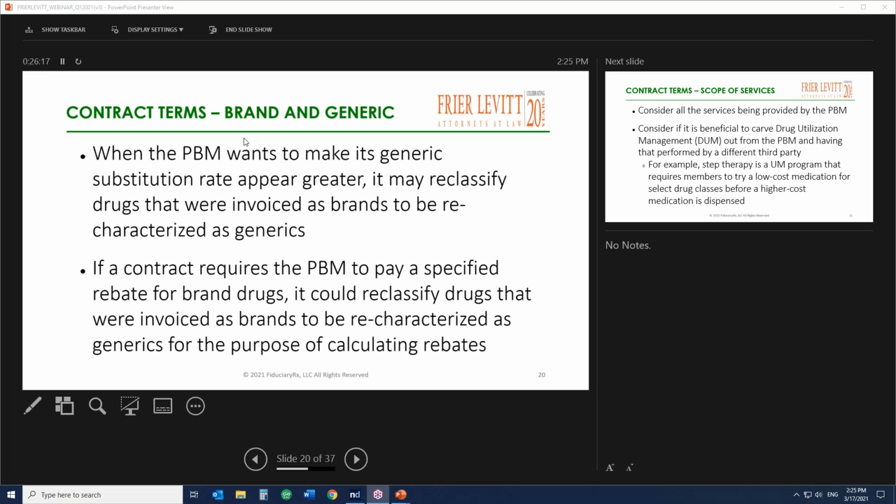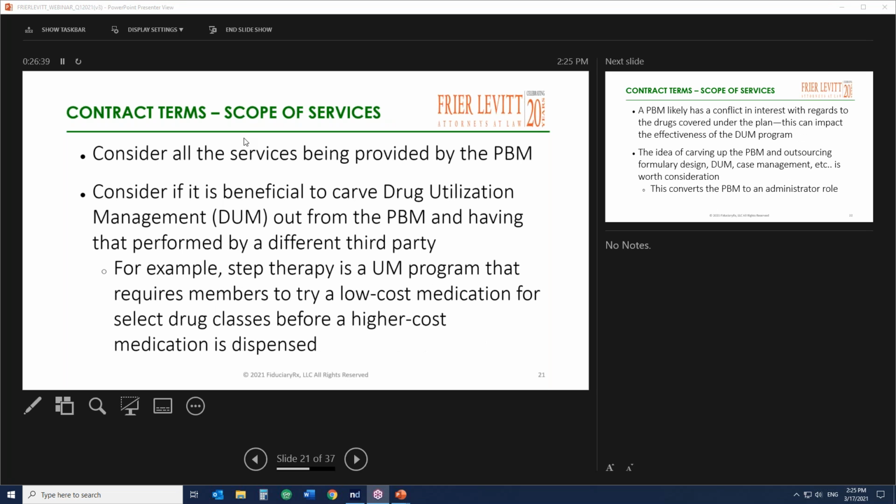Not only that, inevitably, such practice drives independent pharmacies out of business, and it only bolsters the vertical integration in the pharmacy benefit management industry. Of course, PBMs can categorize brand drugs as generic drugs and not pass the rebates they received from the manufacturer to the plan sponsors.